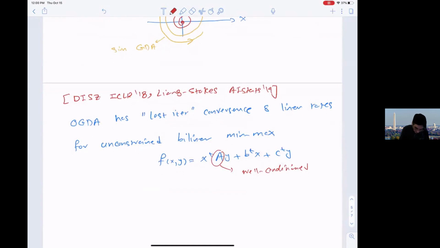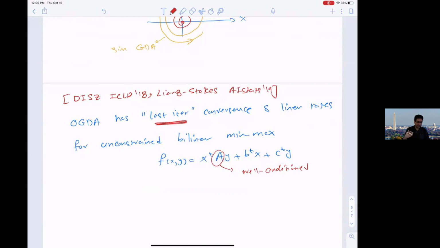Right, so here it's good because it is not in an average sense. It is the last iterate convergence. So in fact the trajectory converges to my global saddle. Okay, but convergence of GDA in general, or OGDA, in a constrained case, the last iterate convergence is still an open problem.